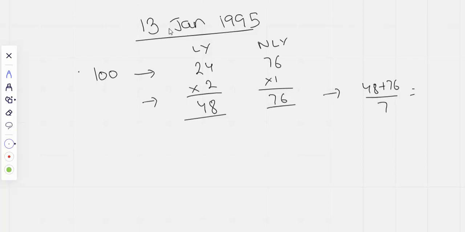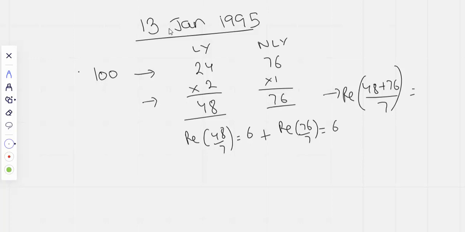You can calculate separately. The remainder of 48 divided by 7 is 6, and the remainder of 76 divided by 7 is 6.